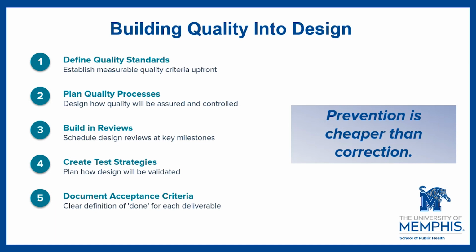With quality, you're going to look at defining the quality standards. The next one, you're going to plan the quality process, followed by building reviews. Then you're going to create test strategies, how the design will be validated. And lastly, document acceptance criteria.